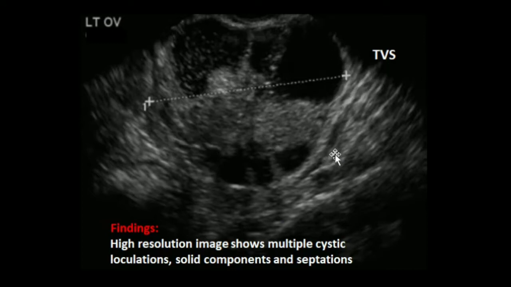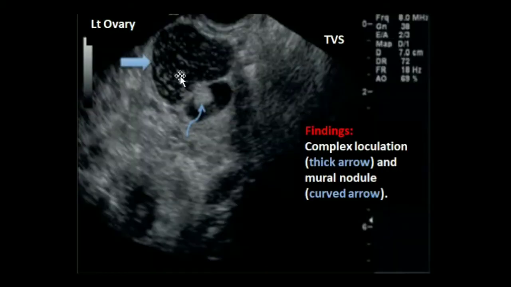Here, the high resolution image shows multiple cystic loculations with solid components and septations. Another TVS image of that ovary shows a complex loculation with internal echoes and also here a mural nodule.